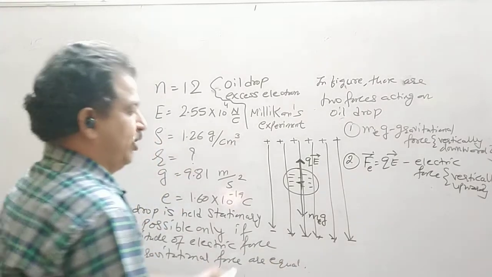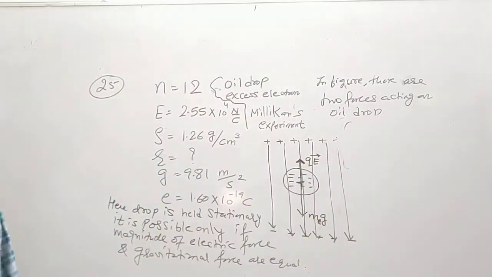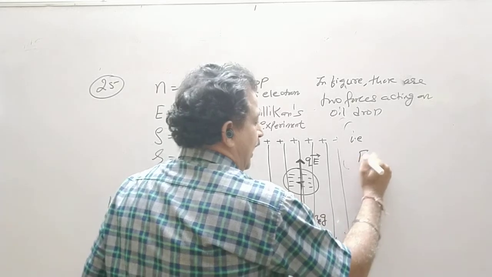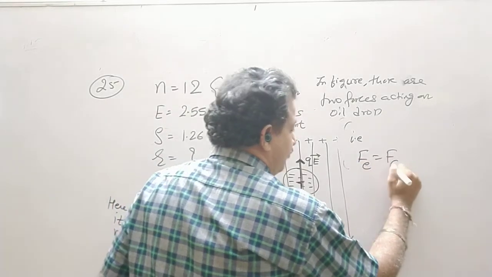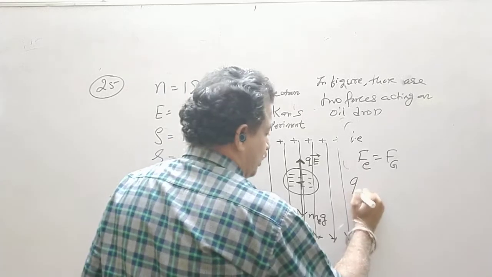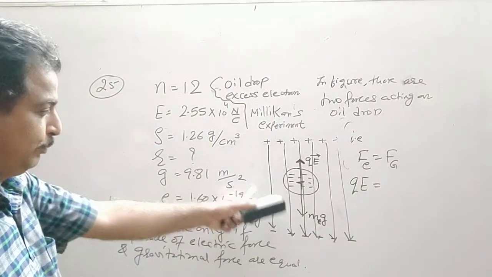So the oil drop should not fall. It is only possible when these two force magnitudes are equal. That is, F_e equals F_g, g for gravitational force. So in the place of F_e, I write qE, magnitude only, directions are opposite, which we know from the diagram.